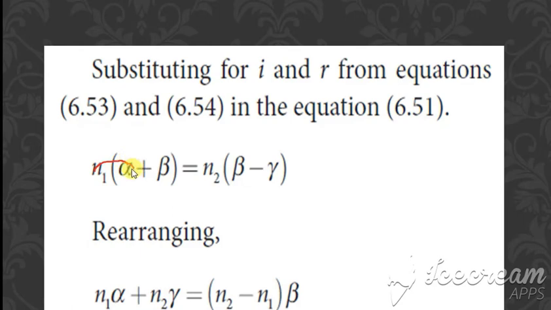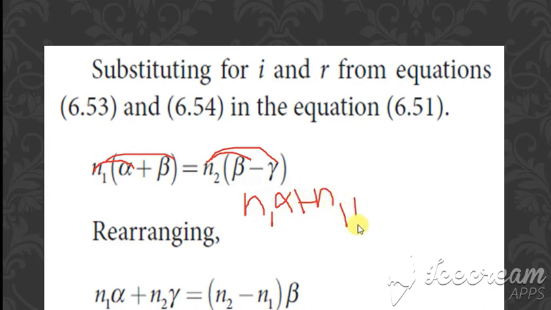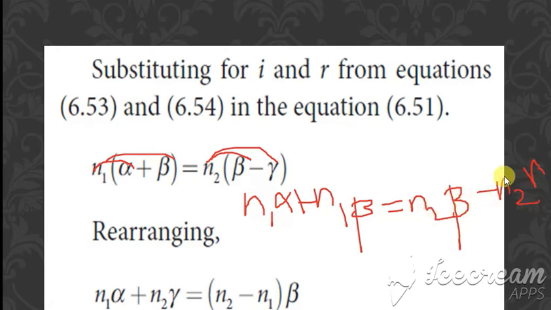Yes. Now multiply this value inside. We get N1 into alpha plus N1 into beta, which is equal to N2 into beta minus N2 into gamma. Now bring this beta term this side, and this gamma we are bringing here.